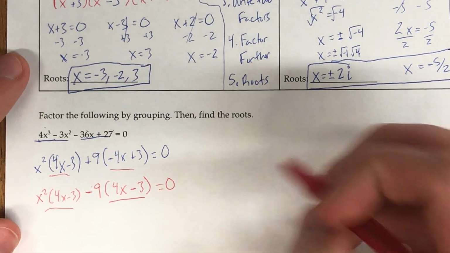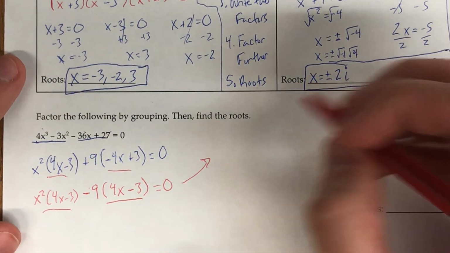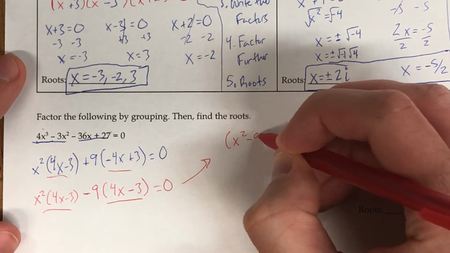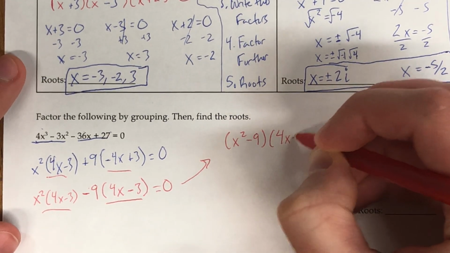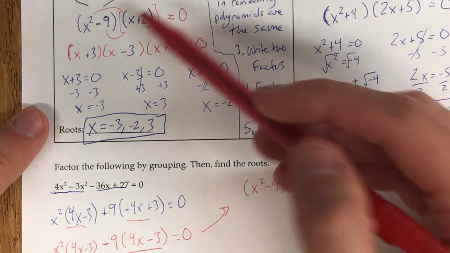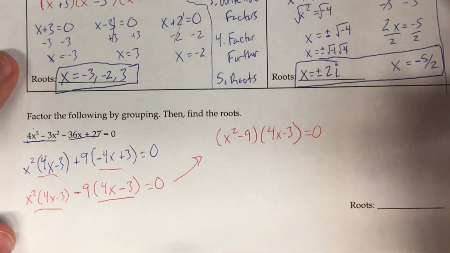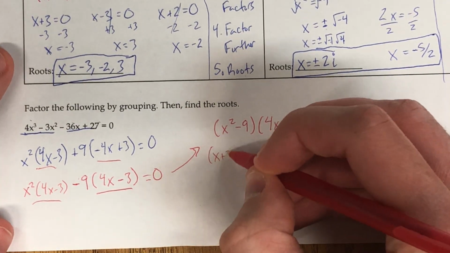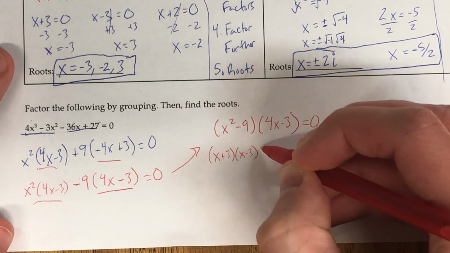So from here now, I'm going to put my work up here. We can write our two factors: x squared minus 9, 4x minus 3. X squared minus 9, that's something we can factor further. Remember, we did that up here. That factors into x plus 3, x minus 3.